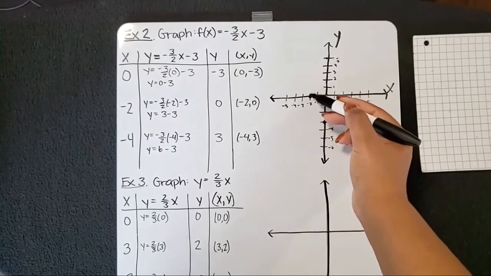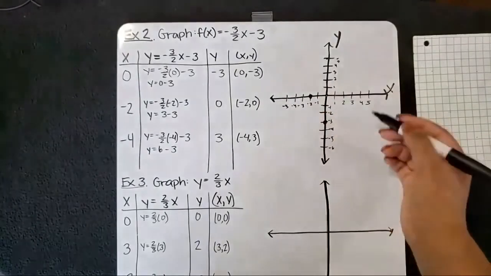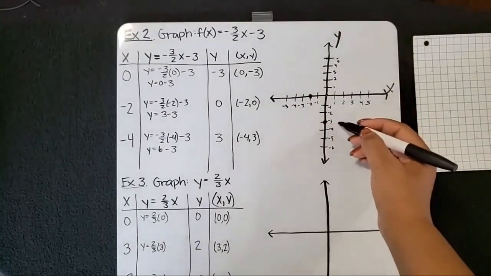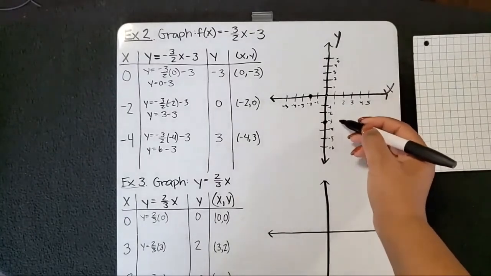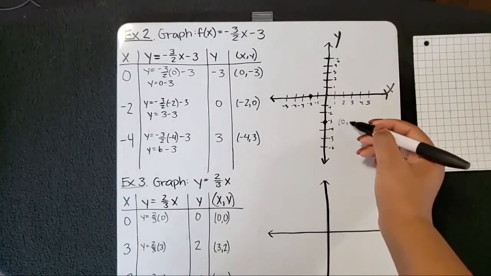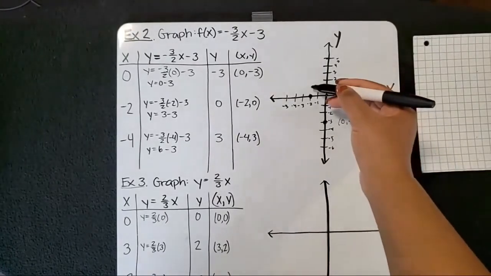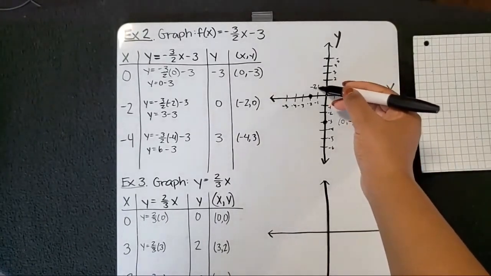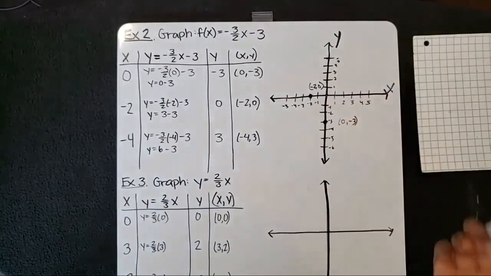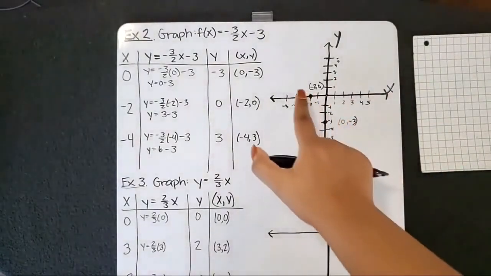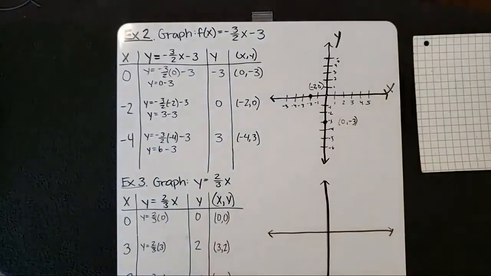So this is our point. So we got 0, -3. We got -2, 0. And I want you guys to write your point out as well. Same way I'm doing it here.